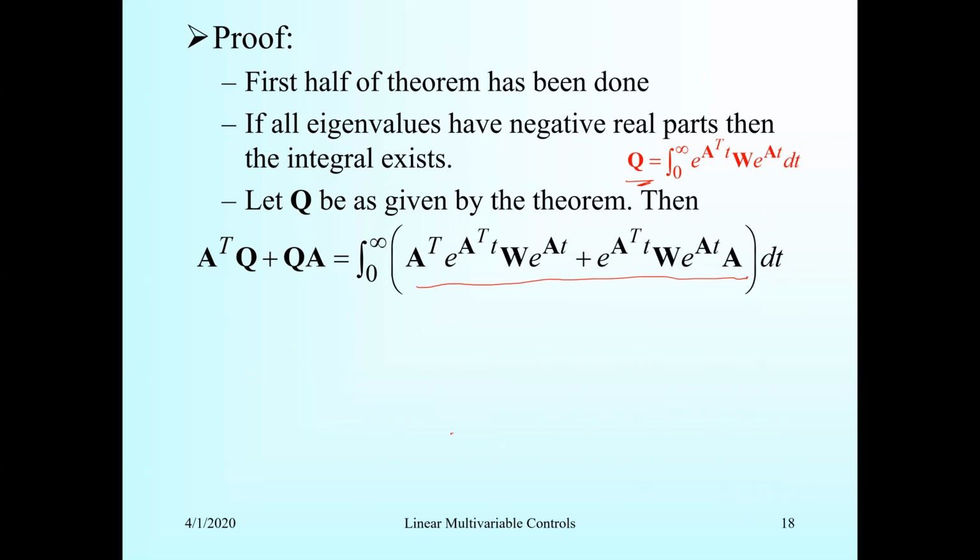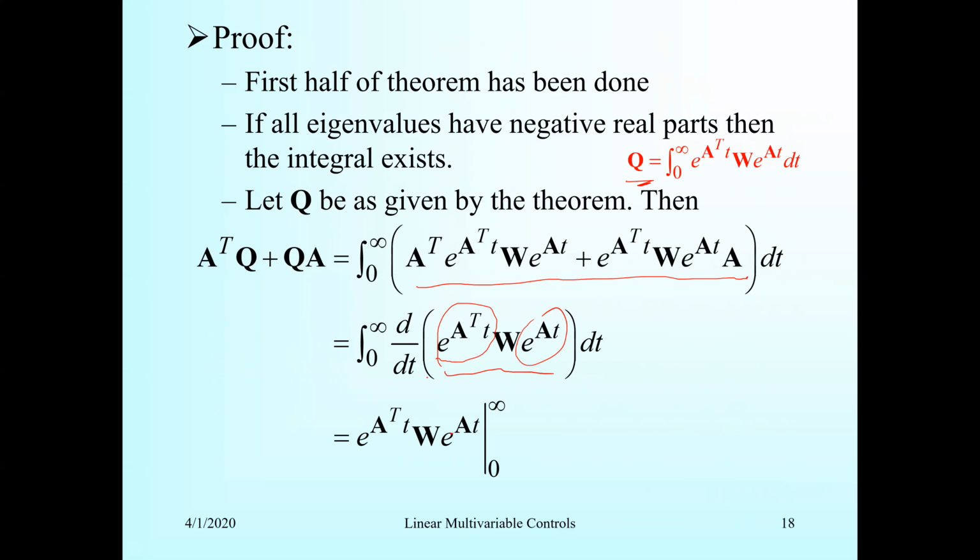Because Q is like that, this one is two terms. Remember, this is my state transition here, and this is the derivative here. Because this is a derivative, let's just bring this one, the overall this one here, and evaluate from infinity to 0.